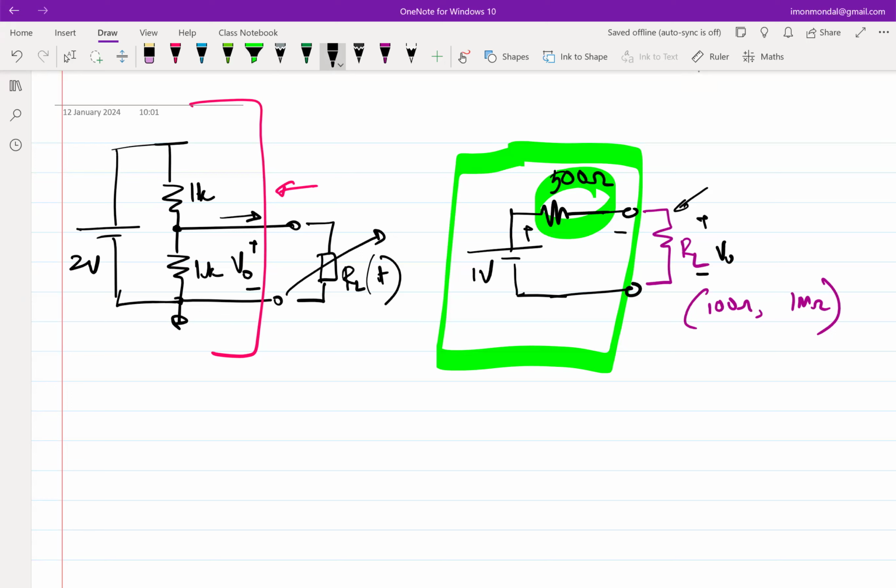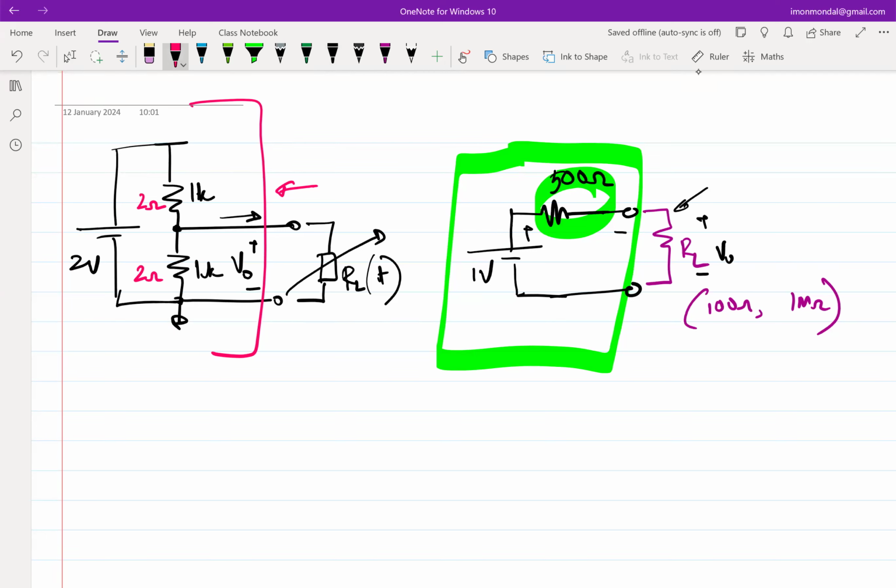So now the next step that we took was to say, let's say we want this 500 ohm resistance to go to, I don't know, maybe 1 ohm, right? If the Thevenin equivalent resistance has to be 1 ohm, then naturally these have to be 2 ohms, 2 ohms, right?